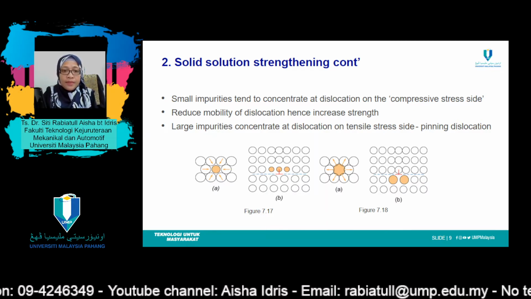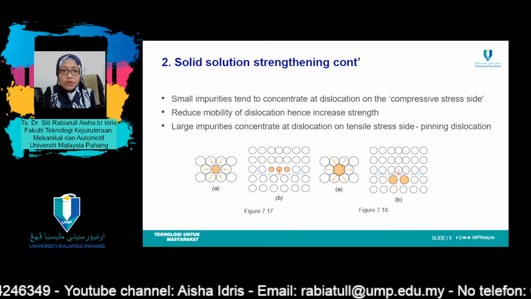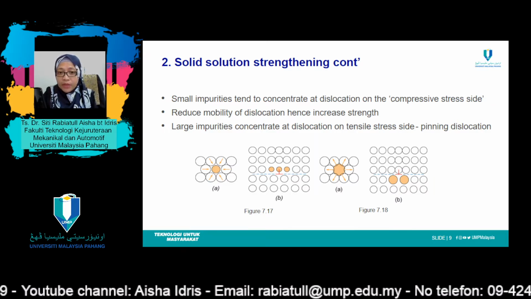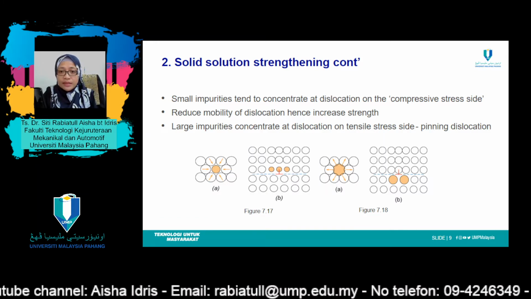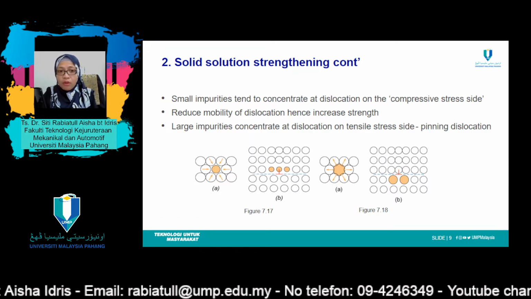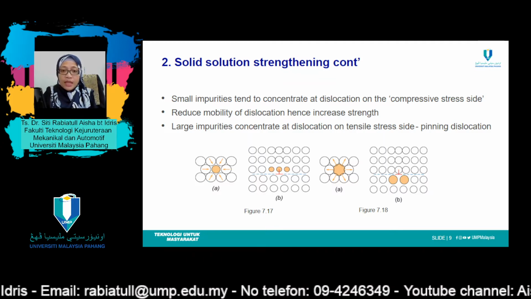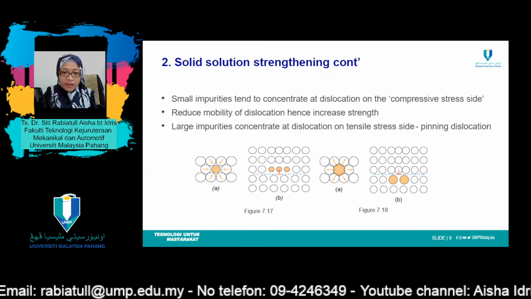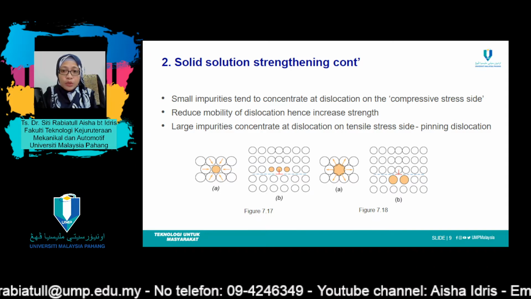These solute atoms tend to diffuse to and segregate around dislocations in a way so as to reduce the overall strain energy, that is, to cancel some of the strain in the lattice surrounding the dislocation.